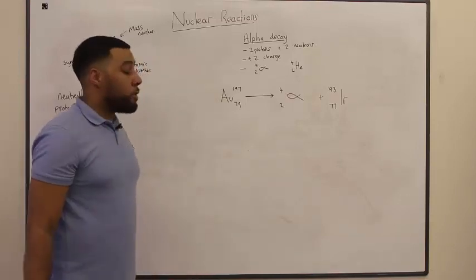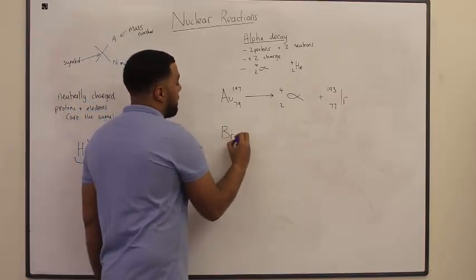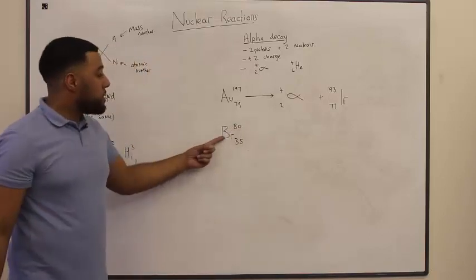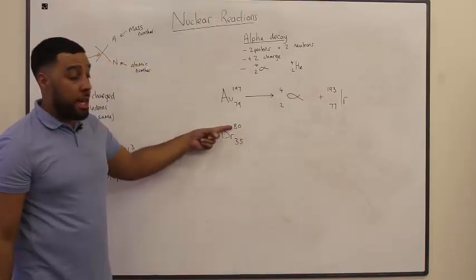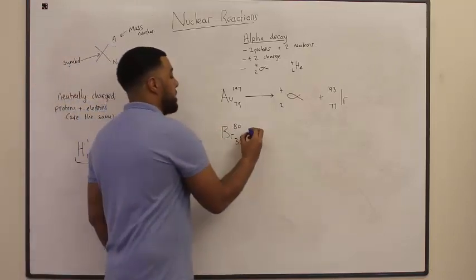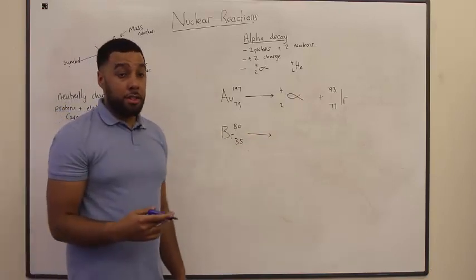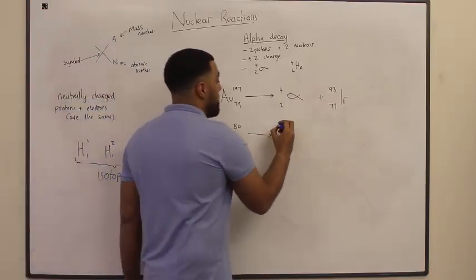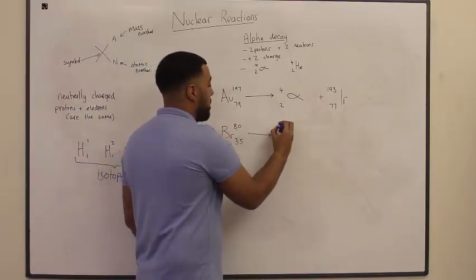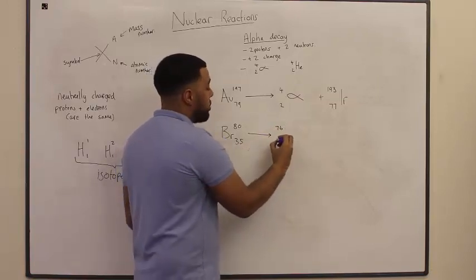Let me give you guys one more example. Let's say we have bromine. The chemical symbol is Br, the mass number is 80, the atomic number is 35. And bromine also undergoes alpha decay, which means the mass number is going to drop by 4 and the proton number will decrease by 2.